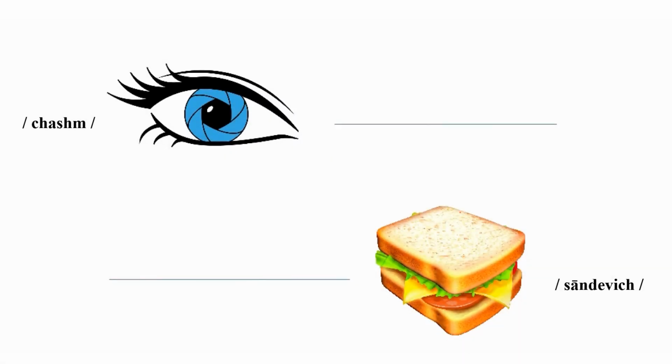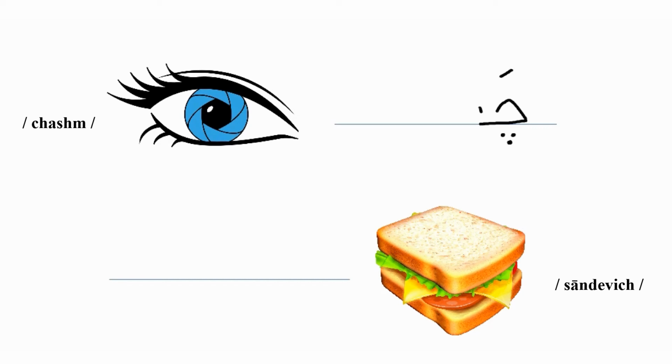Okay, finally we have the examples of che, like the words chashm. Repeat after me, chashm. So we start with che. We write it like this, then with 3 dots. Then comes the short vowel a.